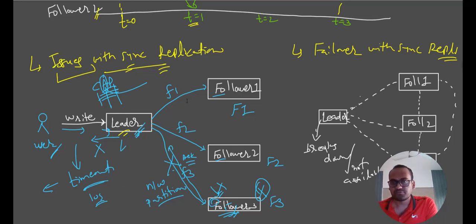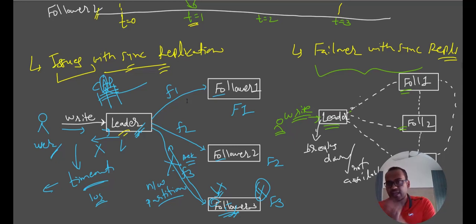Now, failover. What is failover with the sync replica? Every write request the user sends goes to the leader, and the leader is then obliged to send the data to every replica, follower 1, 2 and 3, meaning replica 1, 2 and 3.